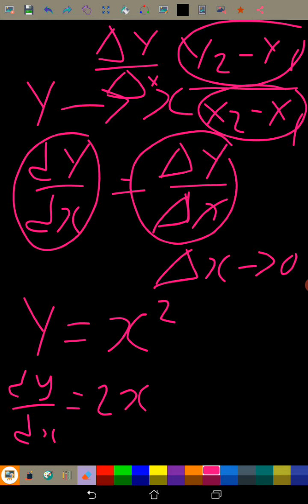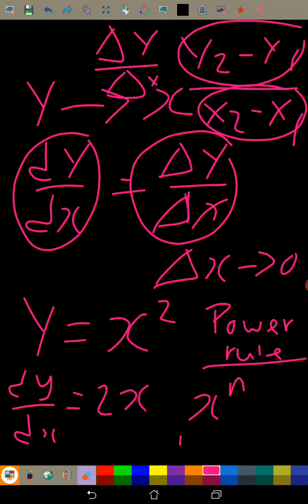Therefore we came up with the power rule. When you have x^n, it becomes nx^(n-1). That's very important. We're going to use this to differentiate some more complex equations.